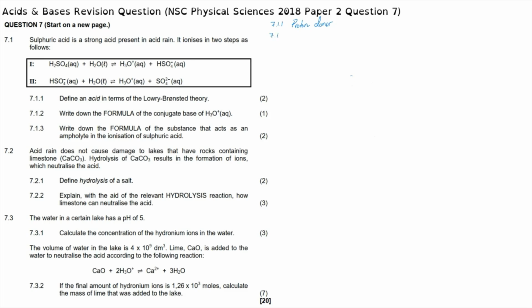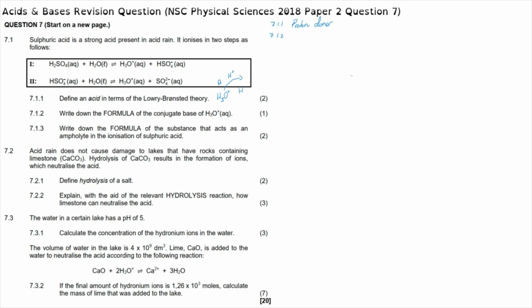Question 7.1.2, we are asked, write down the formula of the conjugate base of H3O+. And when we are asked a question in this way, what they are telling us is that H3O+ is an acid. By asking for the conjugate base, they mean that this thing is an acid. And so we want to know what the conjugate base is, and we find the conjugate base by giving away a proton from that compound.